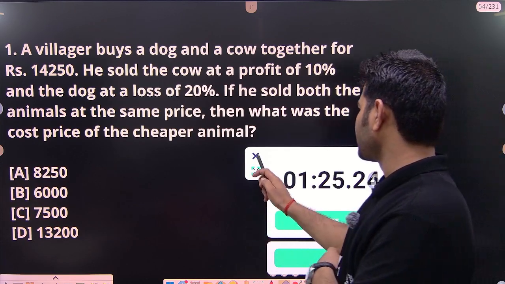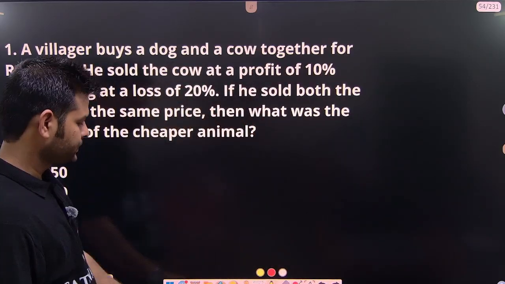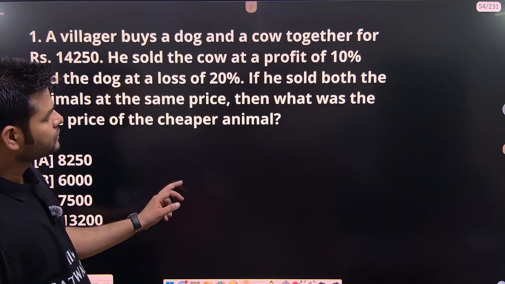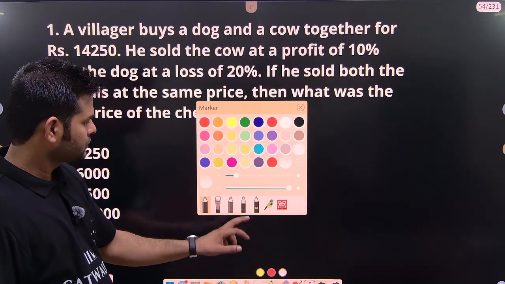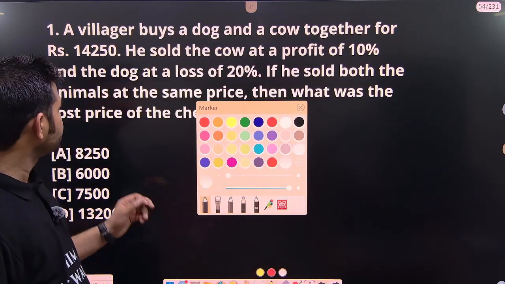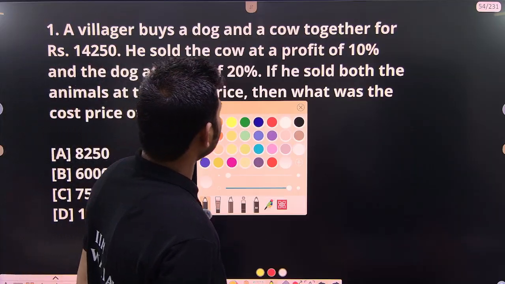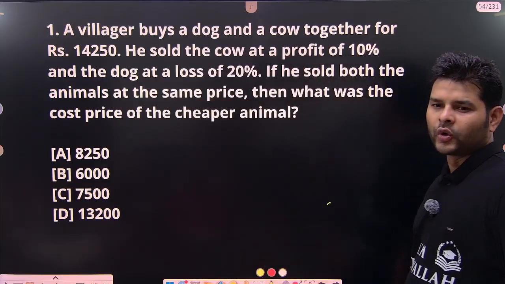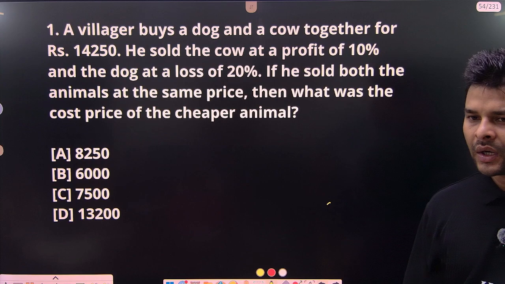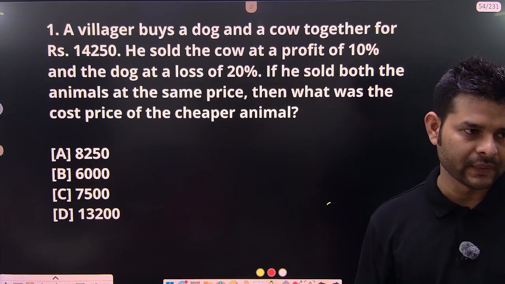Okay guys, let's have a look at how we are going to decode such questions. The question is saying, a person buys a dog and a cow together for rupees 14,250.